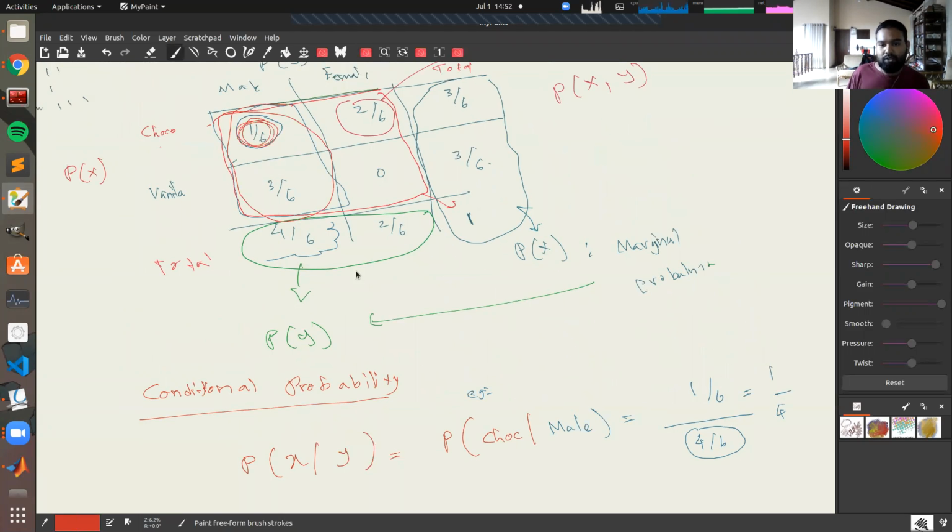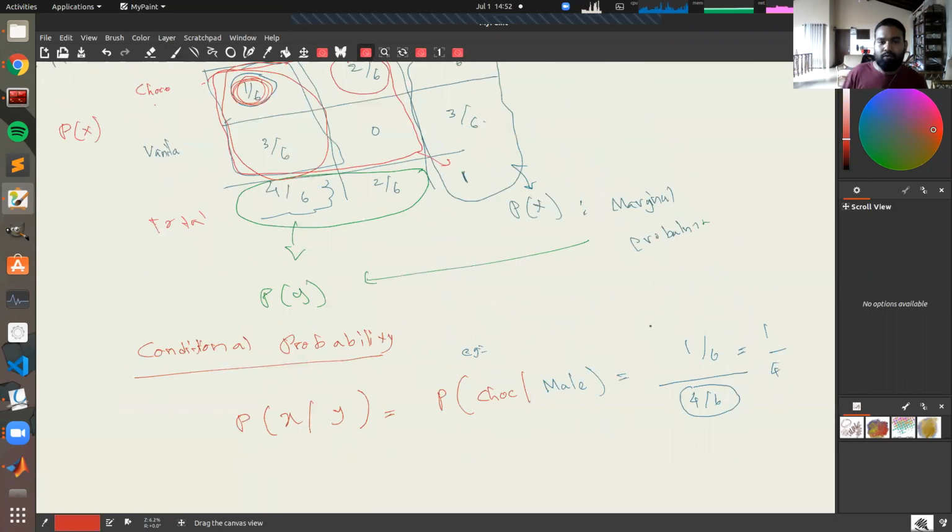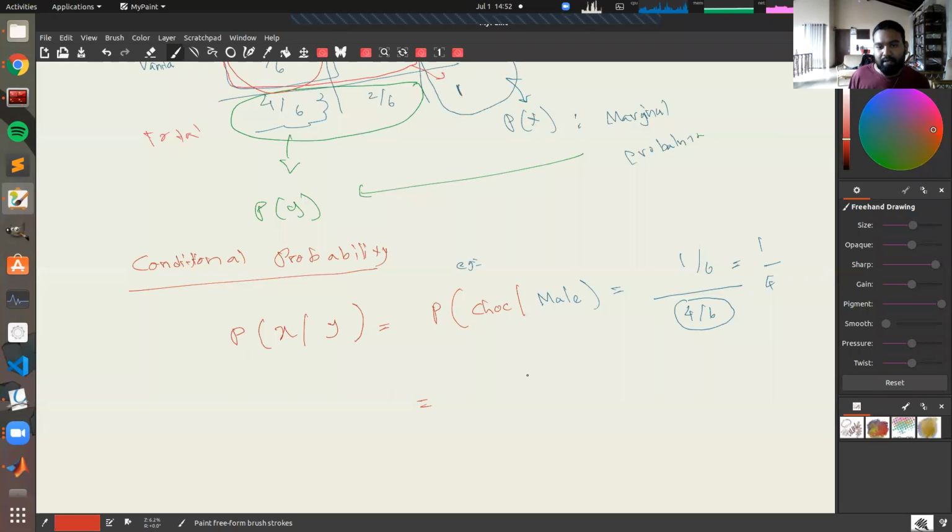So mathematically, it's the joint distribution P of x,y divided by P of y, which is my conditional probability.